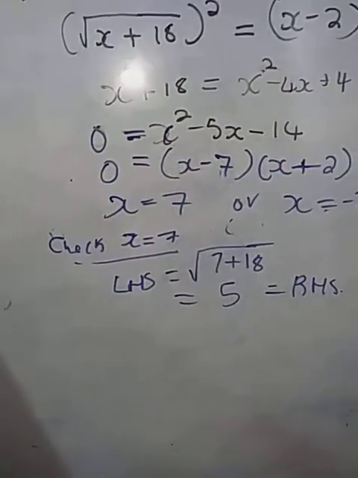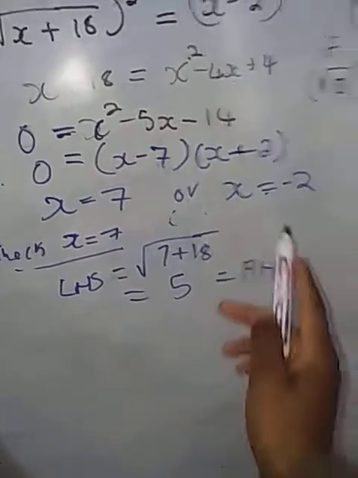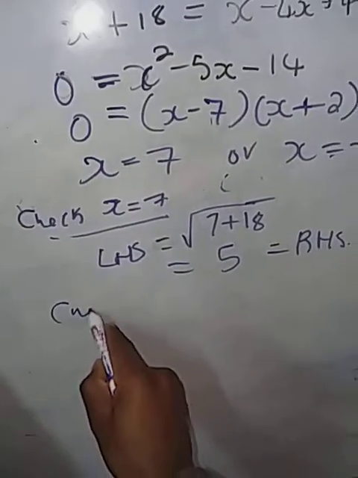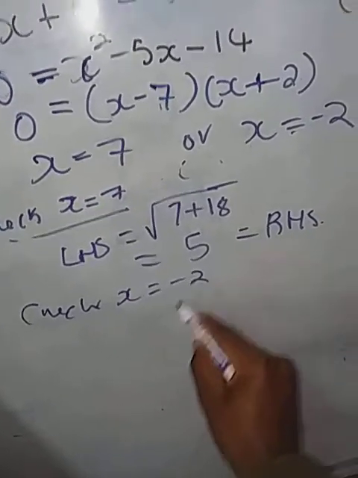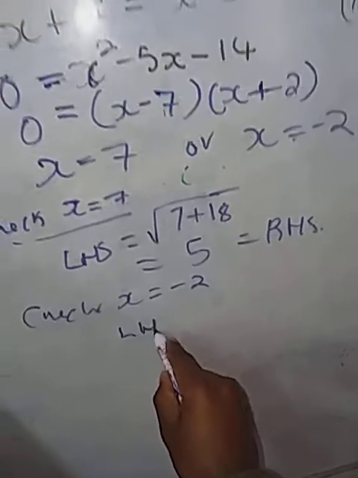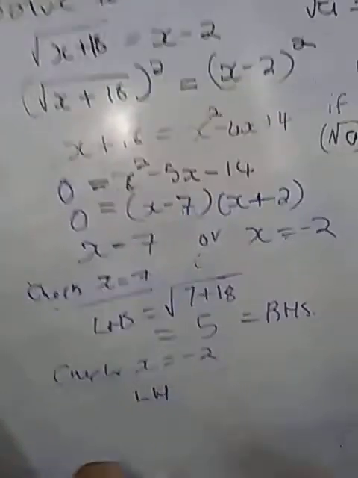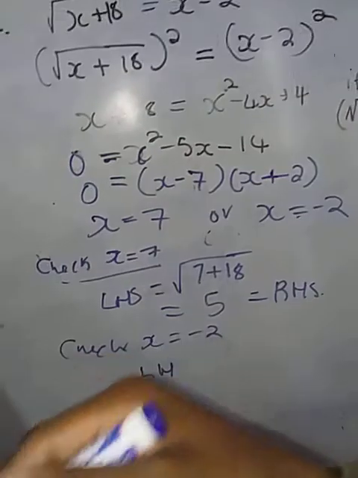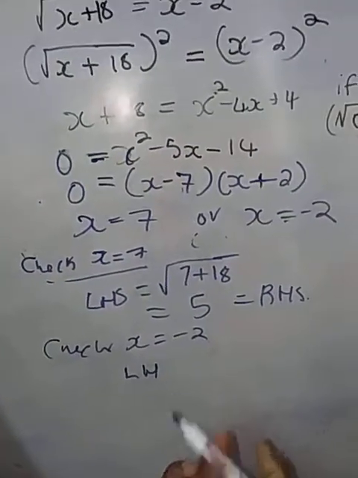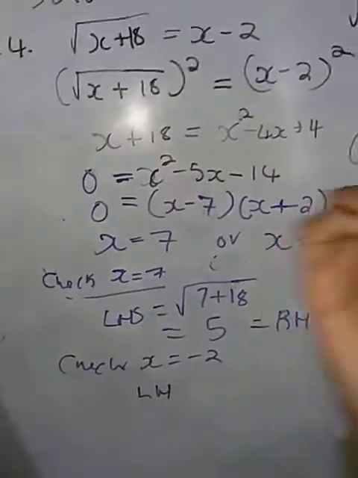Now we can test for x equals negative 2. Like I said, the right hand side is easy to deal with, so we can just check using the left hand side.